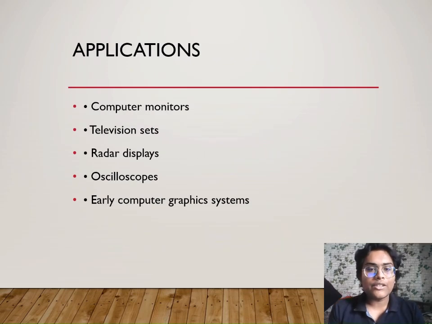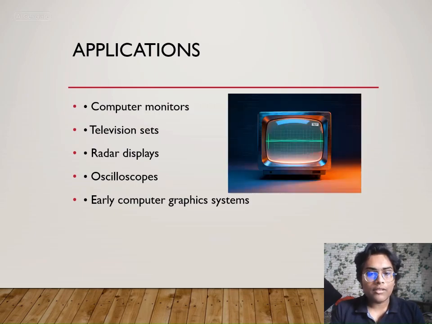So let us see the applications of CRT displays. There are various applications of cathode ray tube. First is computer monitors. In early times, computer monitors used a CRT display because there were no LEDs and LCDs. Second is television sets, which we were using in the early times, so they also have CRT displays. Radar, which detects nearby objects, also uses a CRT display.